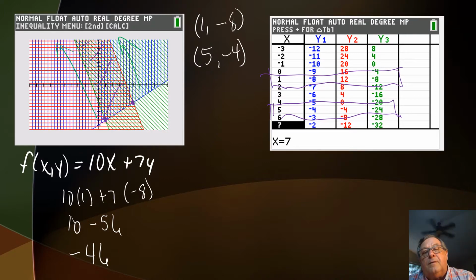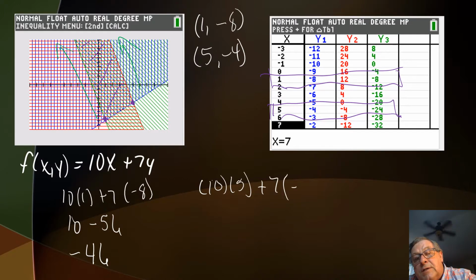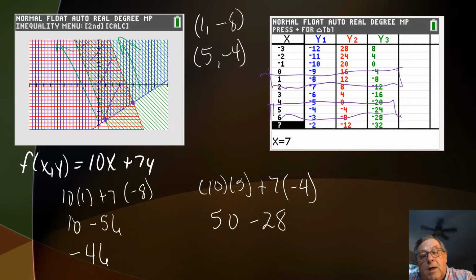Then for the 5, negative 4 coordinate, we substitute there. We've got 10 times 5 plus 7 times negative 4. 10 times 5 is 50, and 7 times negative 4 is negative 28, and 50 minus 28 is 32.